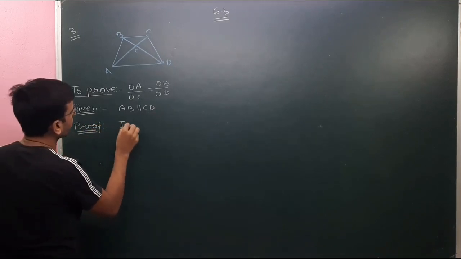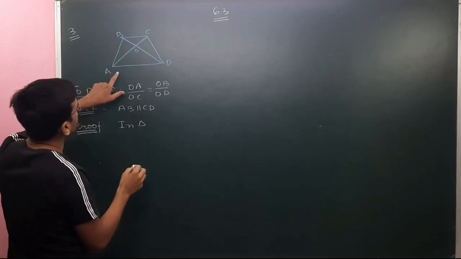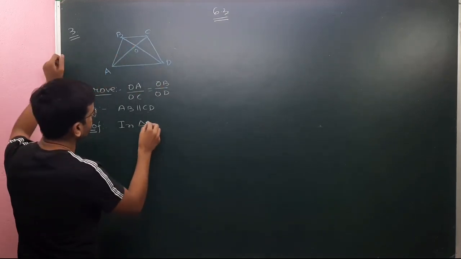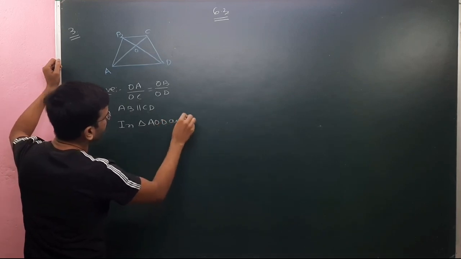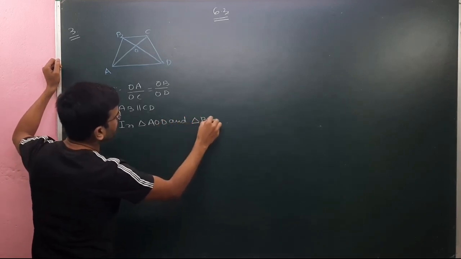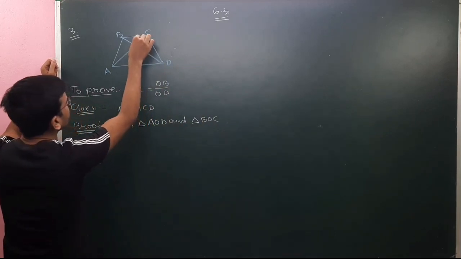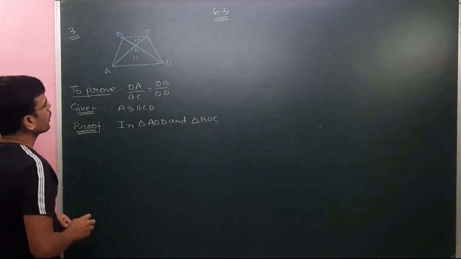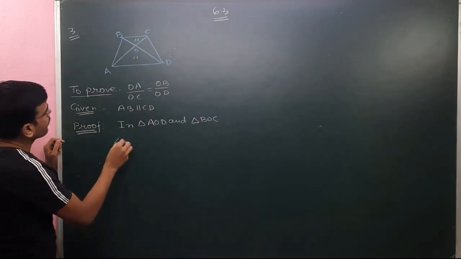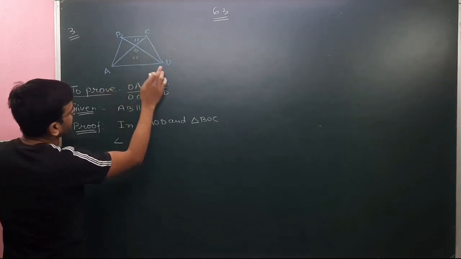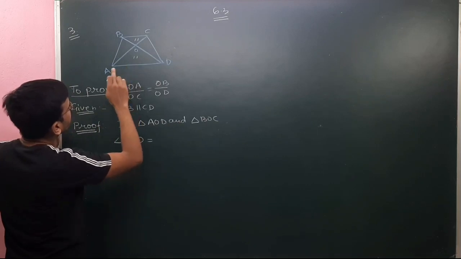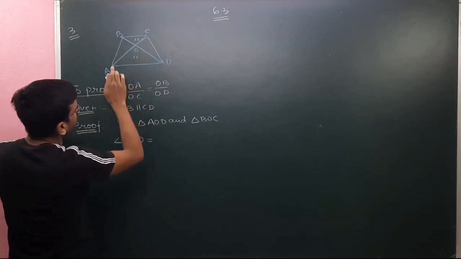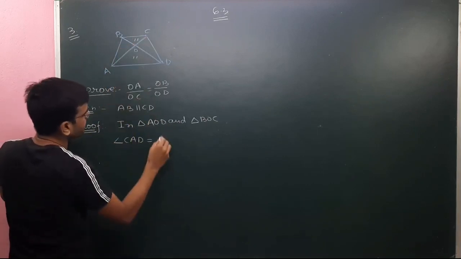In triangle AOD and triangle BOC, means this triangle and this triangle, angle CAD is equal to angle BCA or ACB.